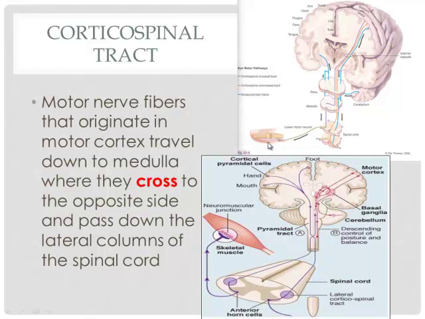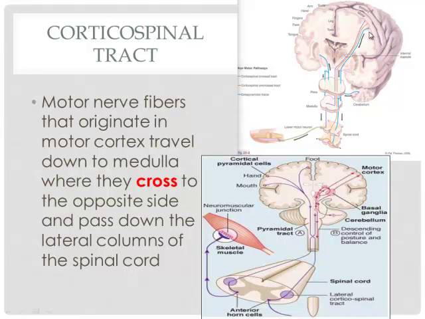So one of the key things to keep in mind is that when we have somebody who has a stroke, let's just say that a person has a stroke up here on the left side, that will oftentimes, depending upon where this is, because all of this depends upon where in the brain somebody is affected.